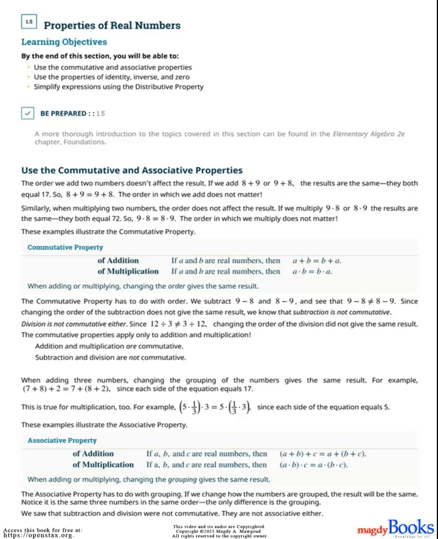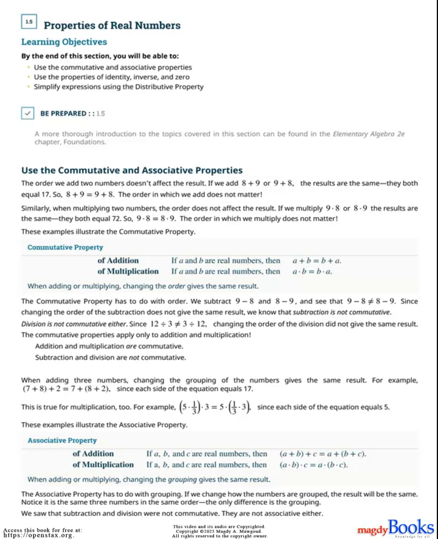B. Of multiplication. If a, b, and c are real numbers, then (a times b) times c equals a times (b times c).